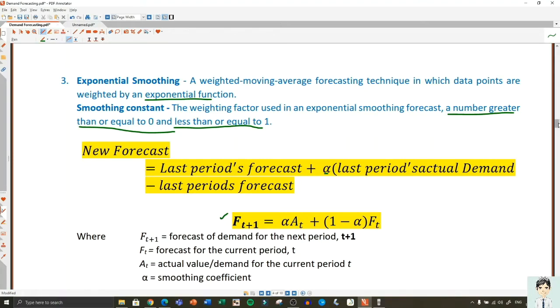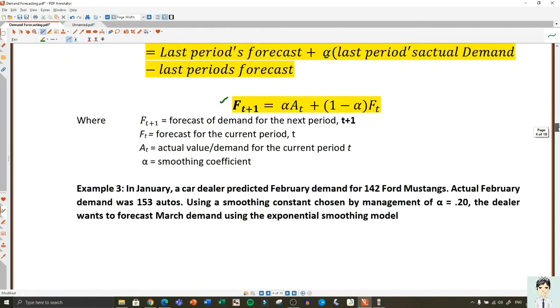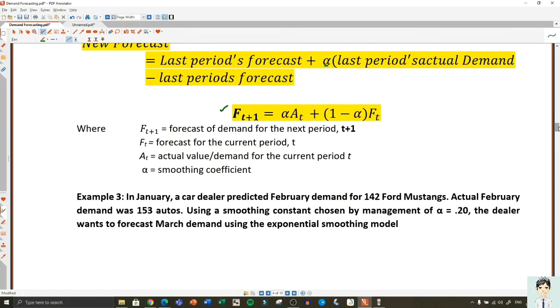To understand this formula, we have an example here. In January, a car dealer predicted February demand for 142 Ford Mustangs. Actual February demand was 153 autos.